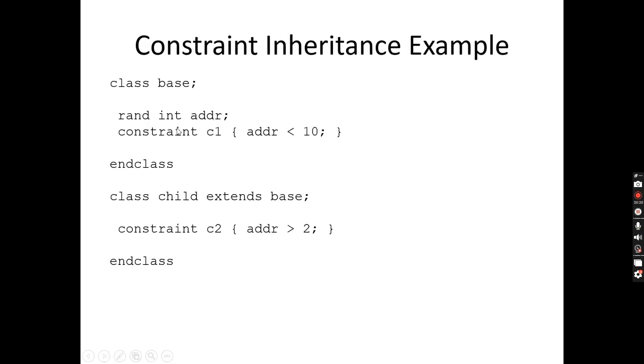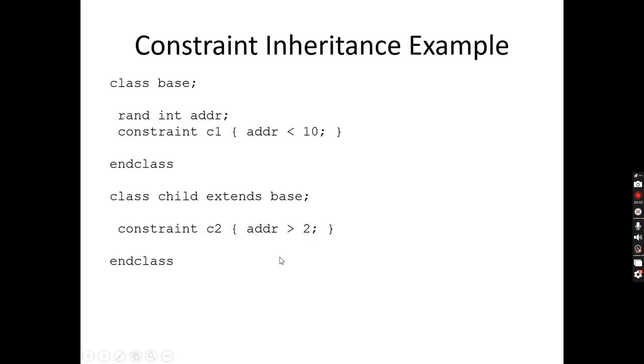See, this is the base class with address constraint C1, and I am able to randomize this address, which is why I am using the rand keyword. Here the address should be less than 10. Now in the child class, I am writing constraint C2. I am randomizing address, but it should be greater than 2.